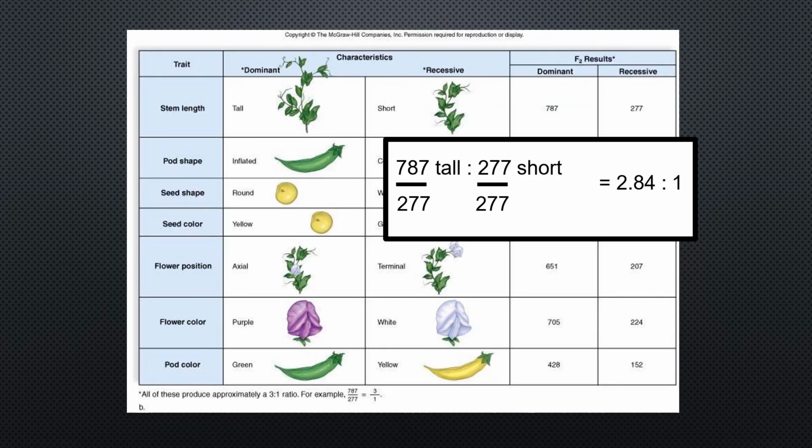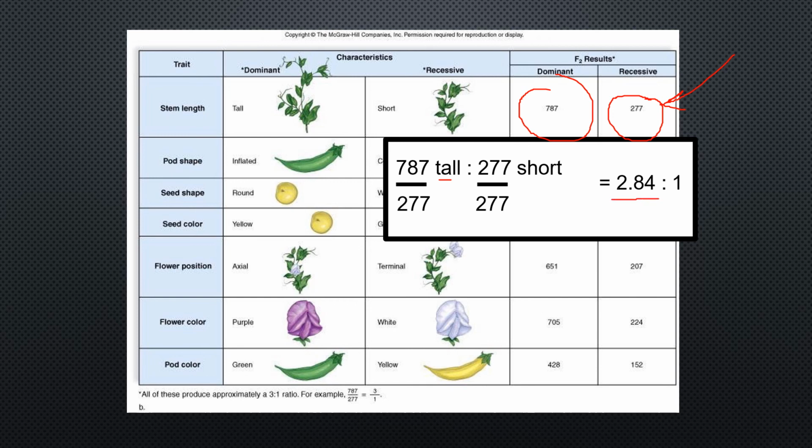Okay, so what does that look like in real life? So when Mendel did his experiments for his tall versus short, which is this part up here, he found that to be true. So his dominant plants, when he counted them, he had 787 tall plants. And his recessive short plants, he wound up with 277 short plants. So when we divide the dominant number by the recessive number, we get 2.84, which is very close to 3.